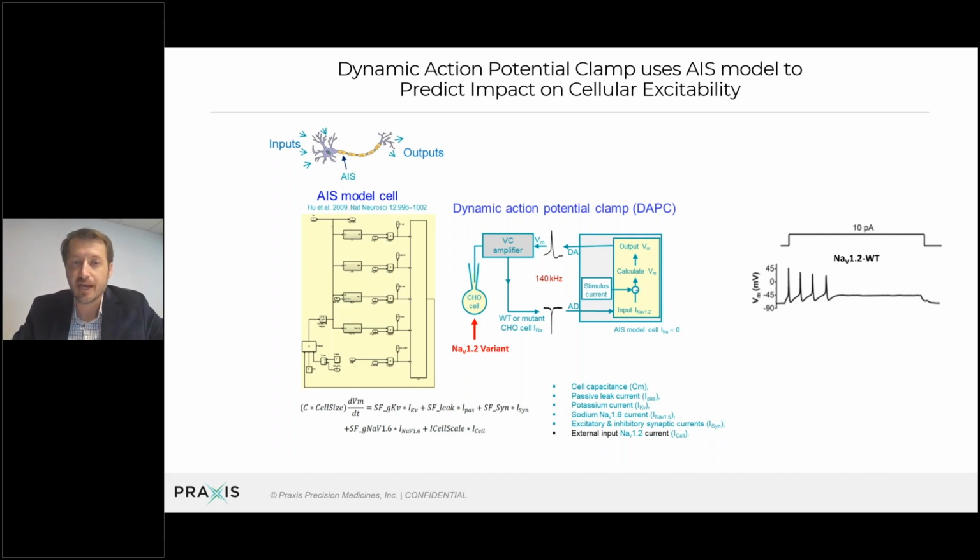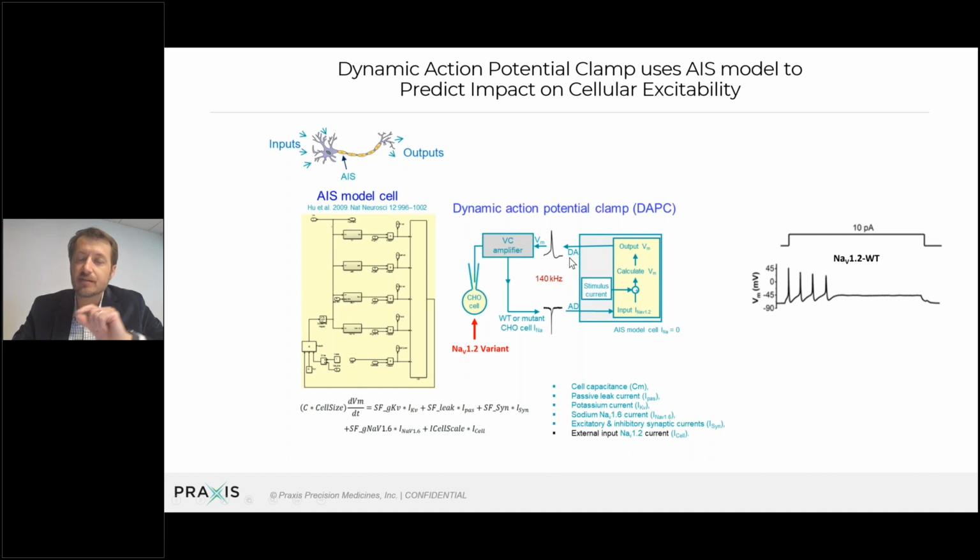So you're at the patch clamp rig, you patch onto a cell, you are in voltage clamp, you can flip the switch, and then in current clamp mode, integrate this with the computer that's generating the model. It's a very fast cycle, 140 kilohertz.